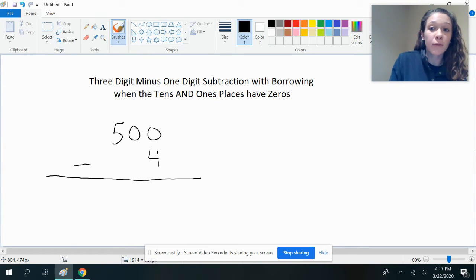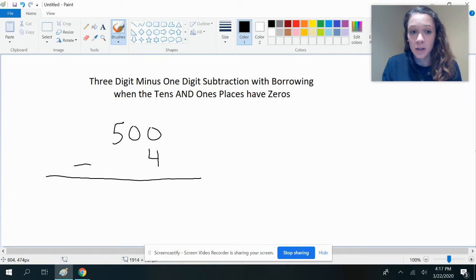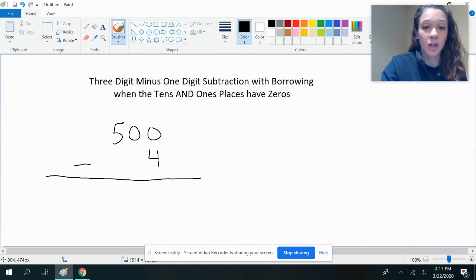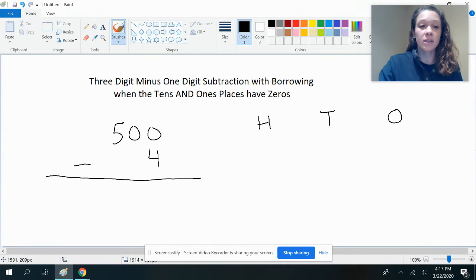Because I have a 3-digit number up on top, hundreds, tens, and ones, I'm going to make my hundreds, tens, and ones chart off to the side so I can see what's happening. First thing I need to do is write down how many hundreds I have. Because there is a 5 in my hundreds place, it means I have 5 hundreds.